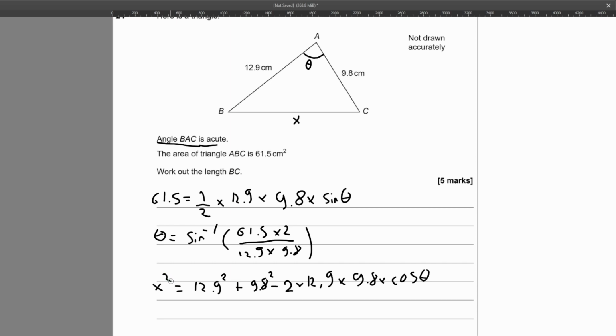Now we can solve for x by simply taking the square root of both sides. And now all that's left is to put this expression into your calculator. Do note that it is a long expression, and make sure to always double check your answers. Putting that in, we get that x is approximately equal to 14.3 centimeters, to 3 significant figures.